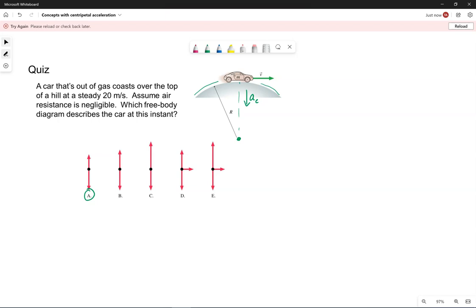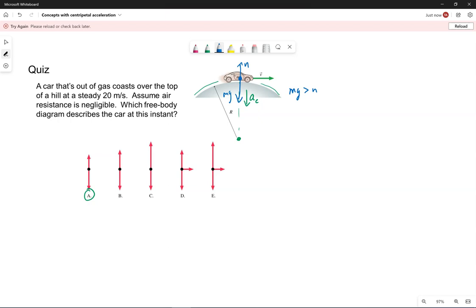We know the car at that moment would be experiencing a force of gravity downwards and a normal force upwards. In order to have the net force point down, mg has to be bigger than the normal force in this case.